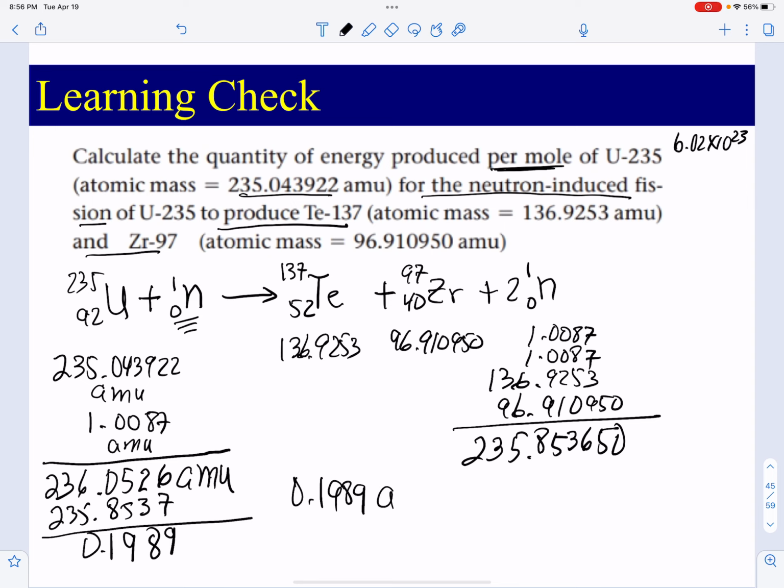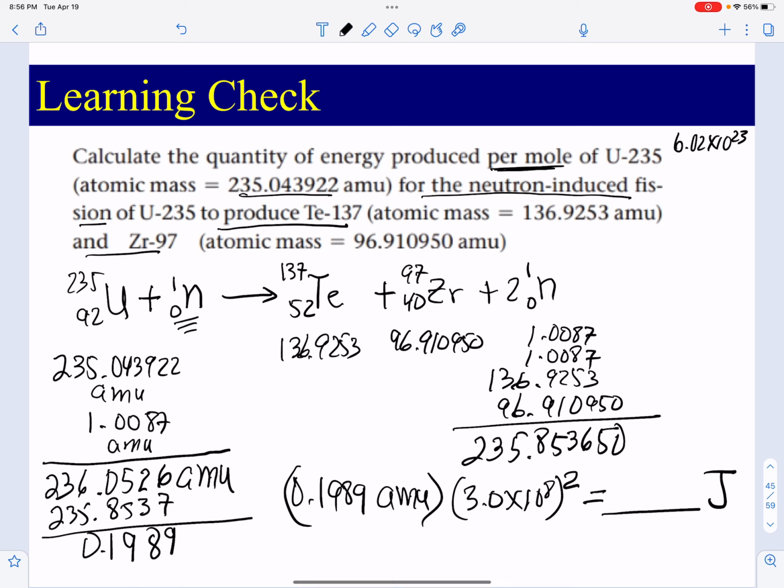atomic mass unit times the speed of light, 3.0 times 10 to the 8, squared, and when I combine all the units, that will give me my energy in joules.